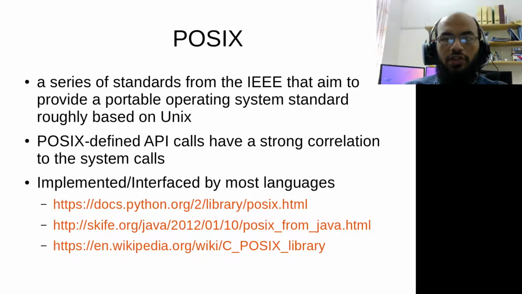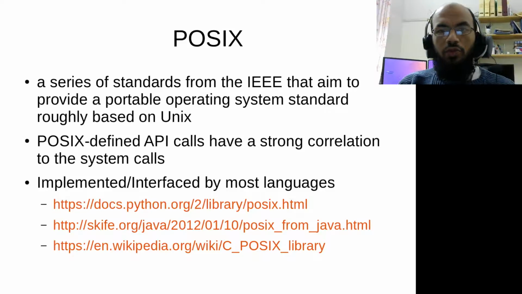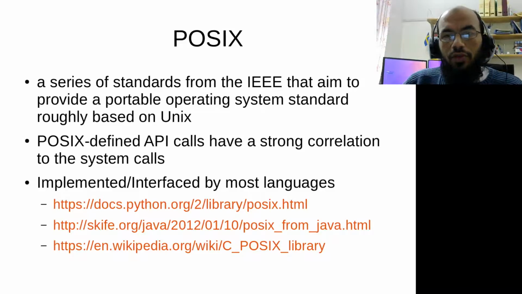So this is where, for example, academics publish in conferences that are run and organized by the IEEE. So there are a series of standards from the IEEE that basically define how a programming library should interact with the operating system.